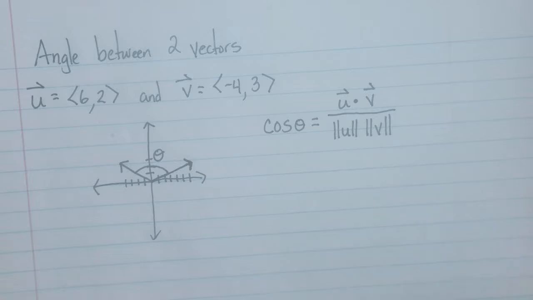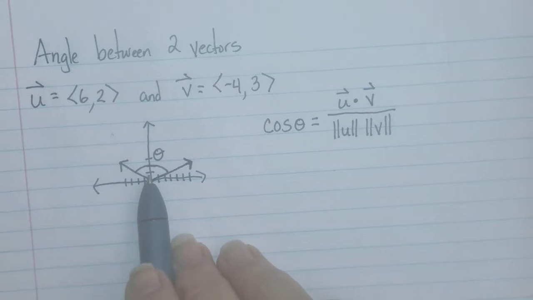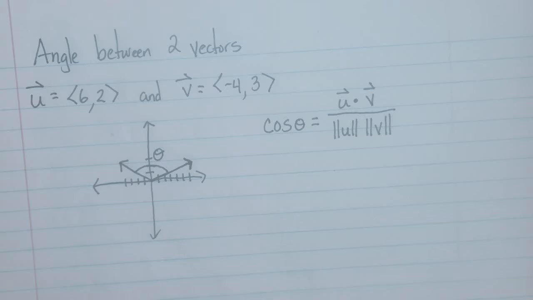So before we even start, let's look at our picture. About how big do you think theta is? Is it less than 180? More than 40? More than 80? More than 90? Somewhere between 90 and 180? Right? Sometimes it's good to just write ideas like that down.